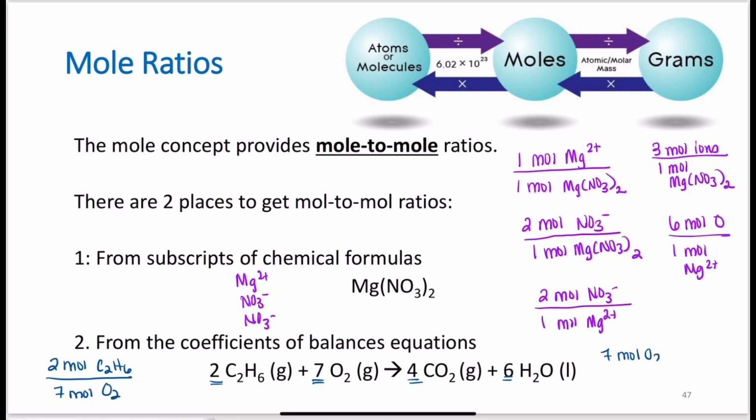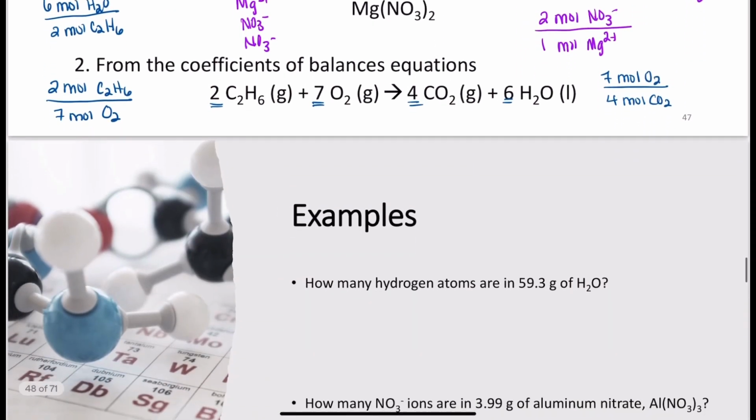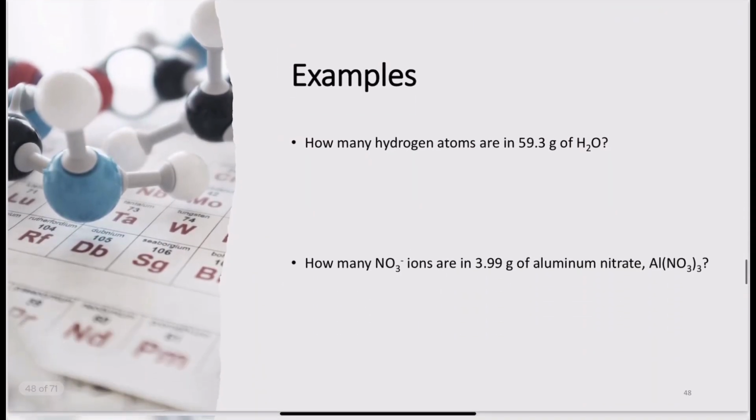Seven moles of O2 for every 4 moles of CO2. 6 moles of H2O for every 2 moles C2H6. And we can keep that correlation going. We can do any combination. Okay? So let's go ahead and work a couple more examples to try to solidify some of the stuff we just thought about.